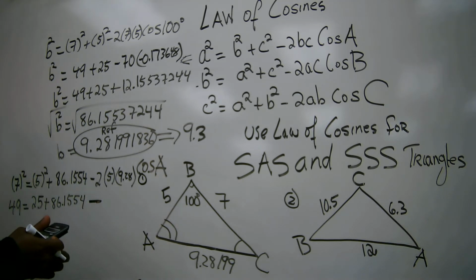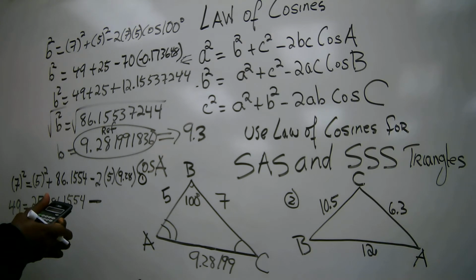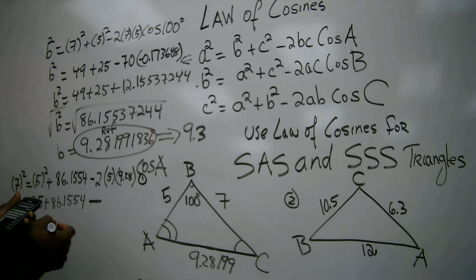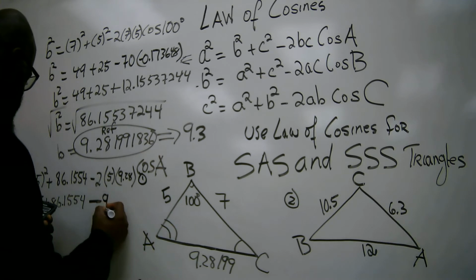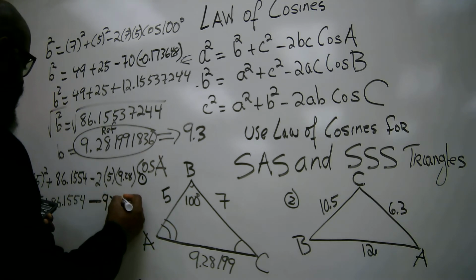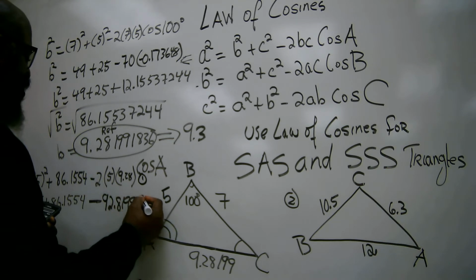That will be 9.281991836 times 5 times 2, negative. This is going to give me negative 92.81991836 cos A.